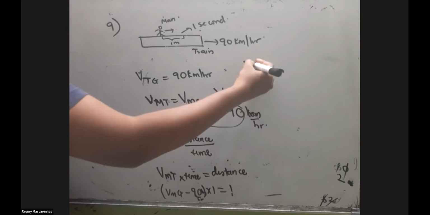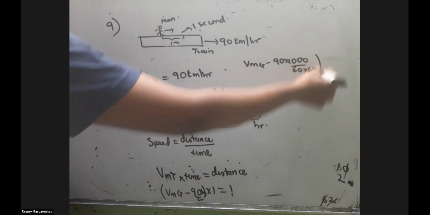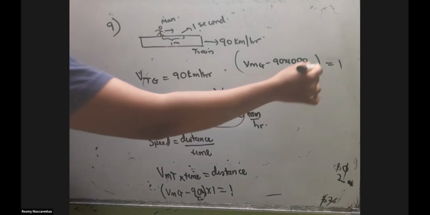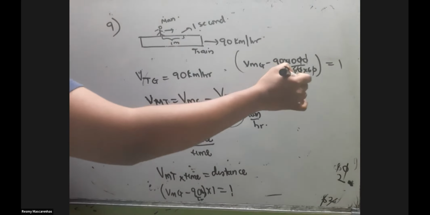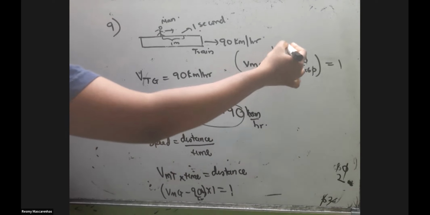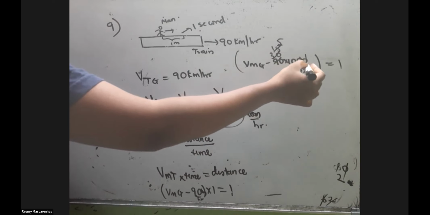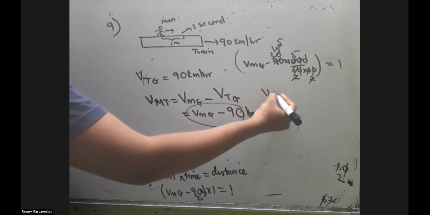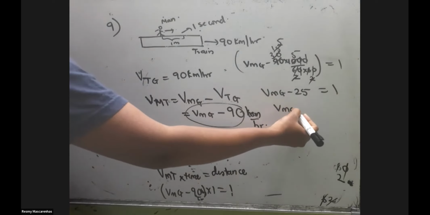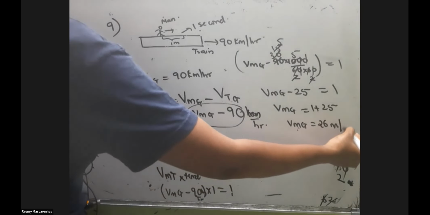So here you convert VMG 90 into 1000 upon 60 into 60. 3 2s are 6, 3 5s are 15, so VMG will give me 25. 25 take on the other side, 26 meters per second.